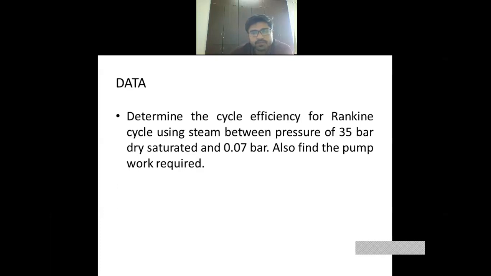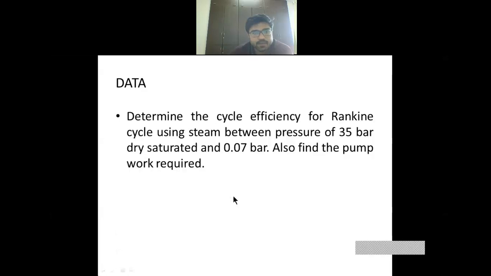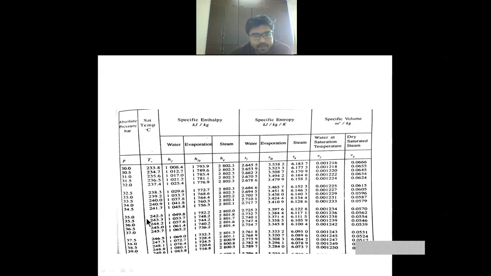Always there would be pressure given to you. Clear? So first of all, what you have to do, you have to make one table of data by use of the steam table. Suppose this is the steam table, and here are the data for 35 bar. From here you have to collect all the data: saturation temperature, HF, HFG, HG, SF, SFG, SG, VF, VG.